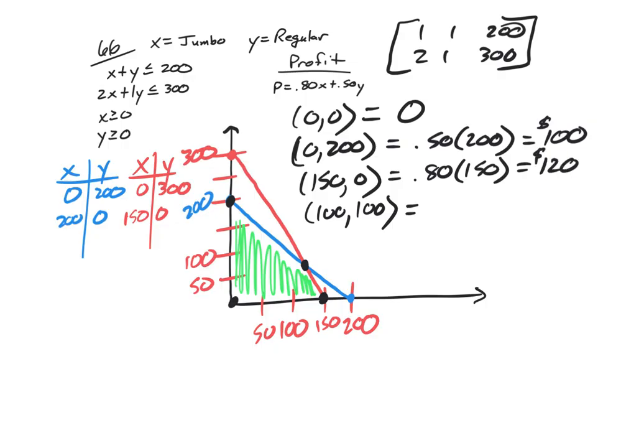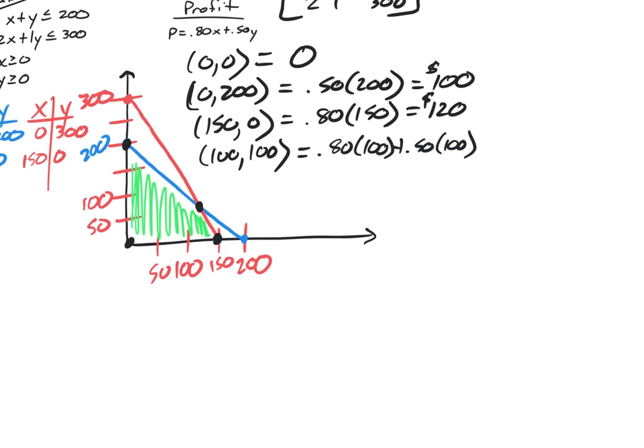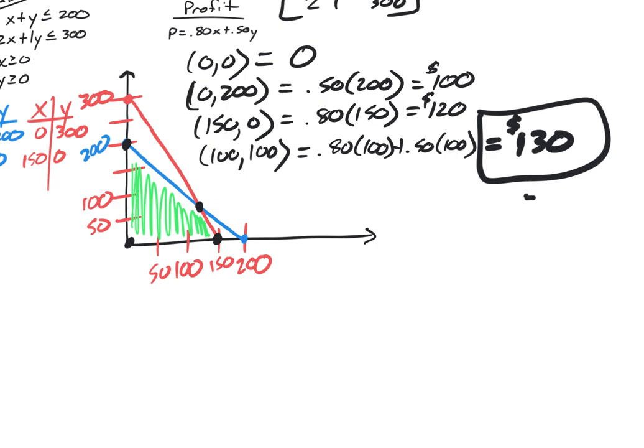Okay, and then if I make some of each, we'll do 80 cents times 100 plus 50 cents times 100. So that would be 80 plus 50, which is 130. And so that would be our max profit.